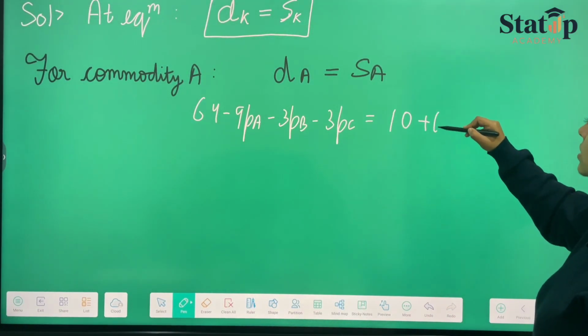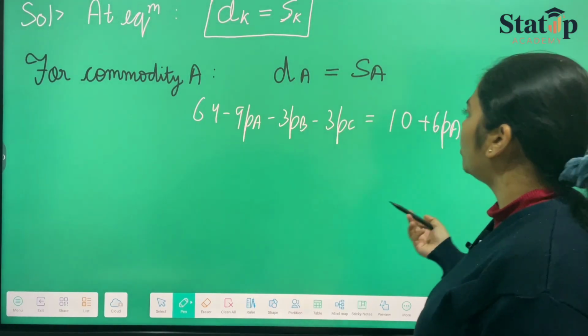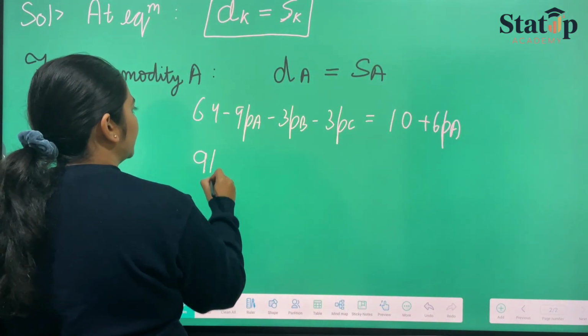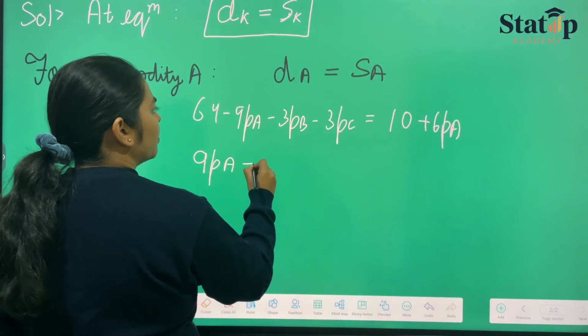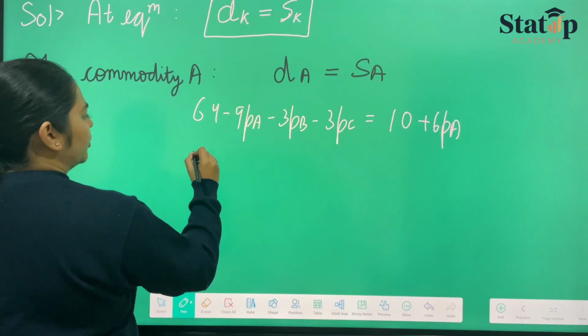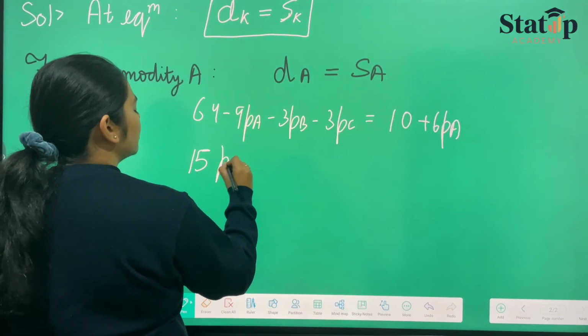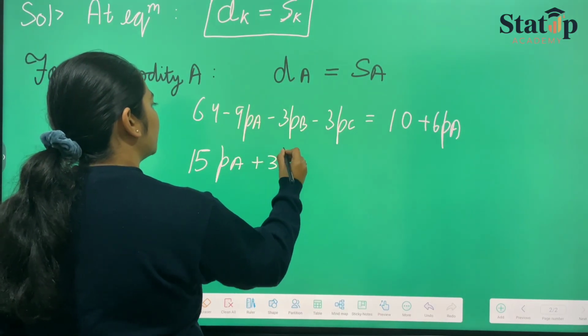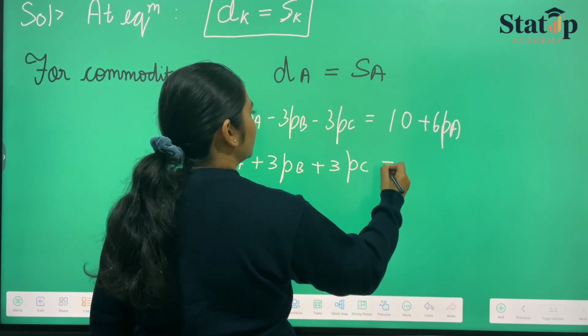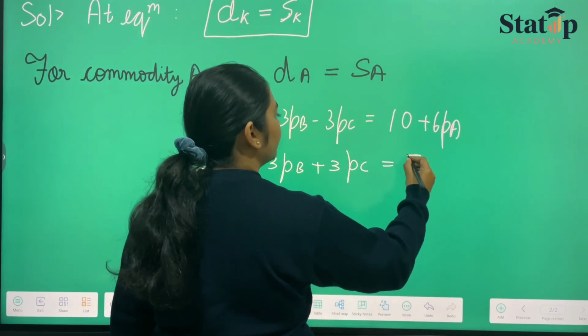Taking all on one side, we will be getting 9 PA plus 6 PA, it will be 15 PA plus 3 PB plus 3 PC, which will be equal to 64 minus 10, 54.